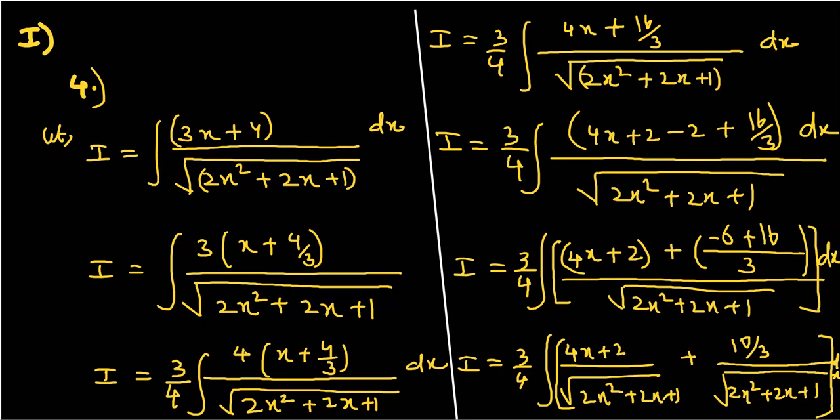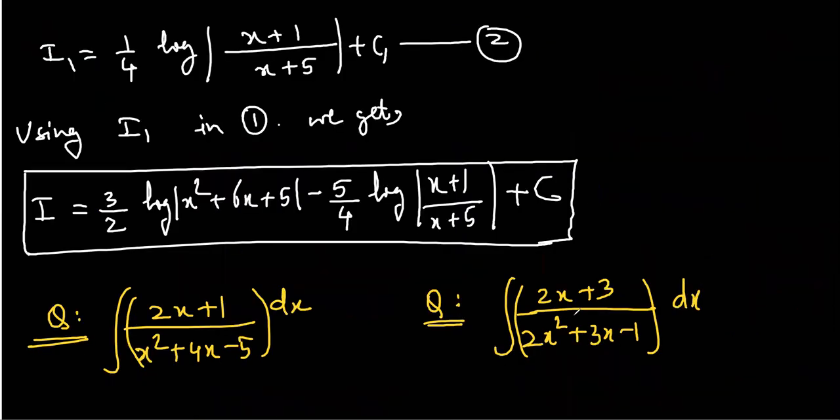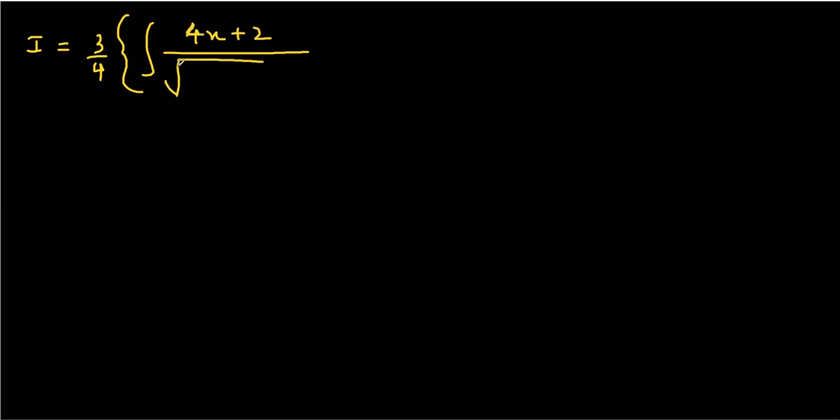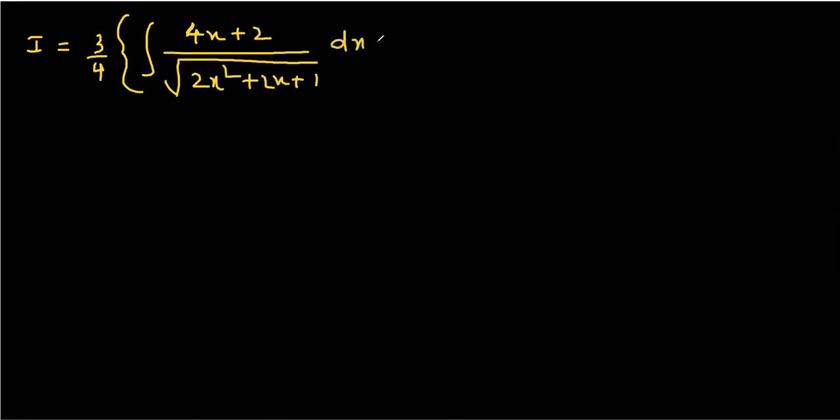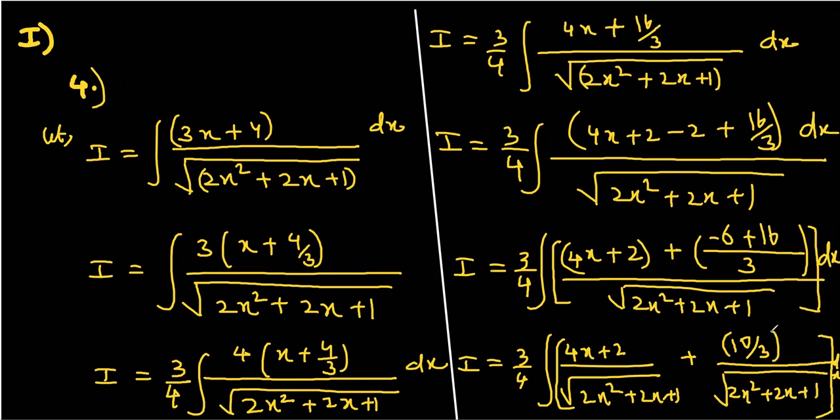So it is 3 by 4. I equals to 3 by 4 and integral of 4x plus 2 times square root of 2x square plus 2x plus 1 dx, plus here you have 10 by 3, this will go out.